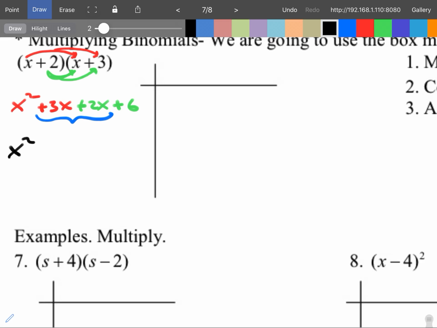That's 3x's plus 2x's, which gives you a total of 5x's. So it's a positive 5x, and then plus 6. And that's your answer. You cannot combine any more of those. None of those 3 terms are alike. You can only add or subtract terms when the variable part matches exactly, including the power or exponent.